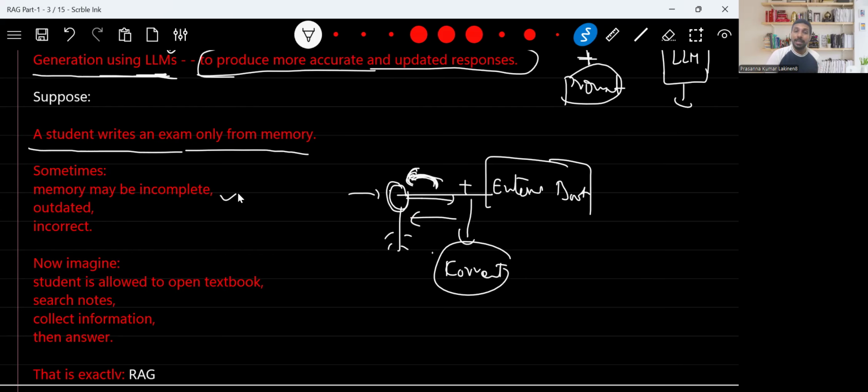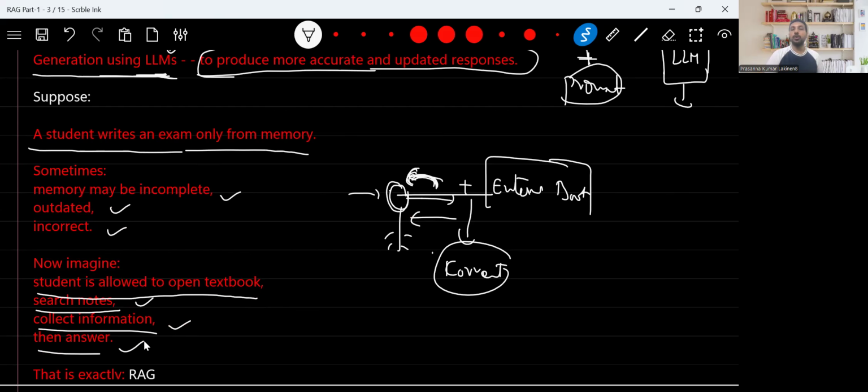Memory may be incomplete, outdated, and incorrect. Now, what I have to do? I have to take the external support. That means the student is allowed to open the textbook. Now, he will note down, he will search the information, collect the information, and he will answer to my question.